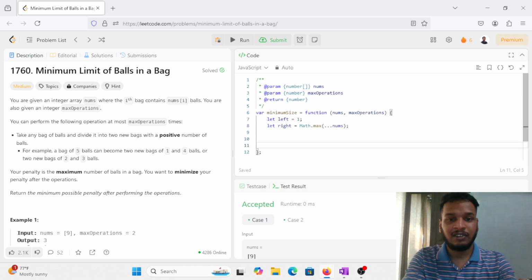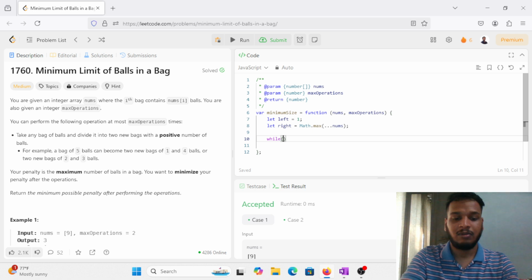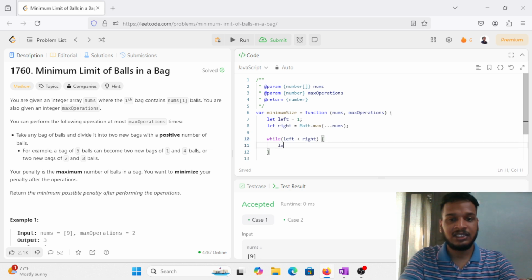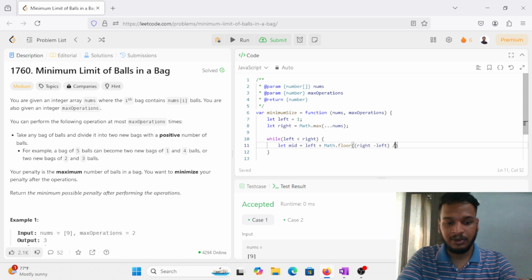Then I will do a while loop while left is less than right. Then let mid be left plus Math.floor of (right minus left) divided by 2.